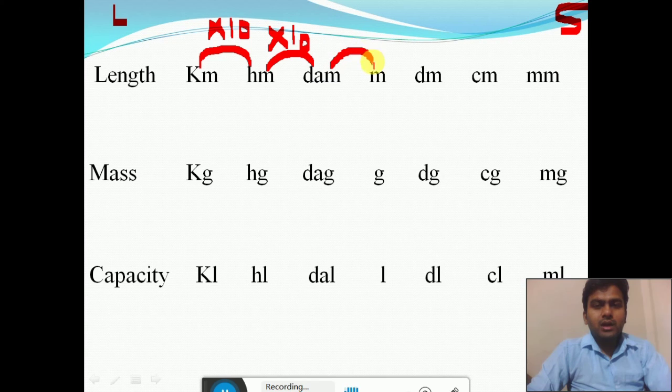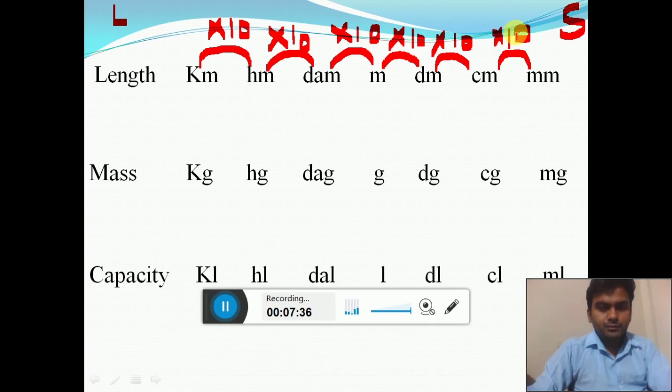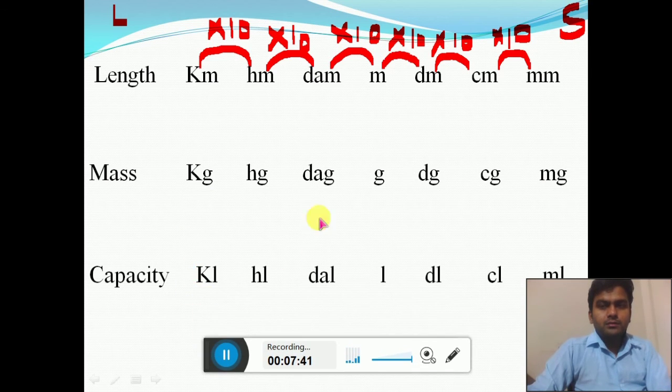Like this you can complete this diagram by multiplying by 10 for each adjacent pair. When you convert a meter into decimeter, you multiply by 10. If you want to convert a decimeter into centimeter, multiply by 10.